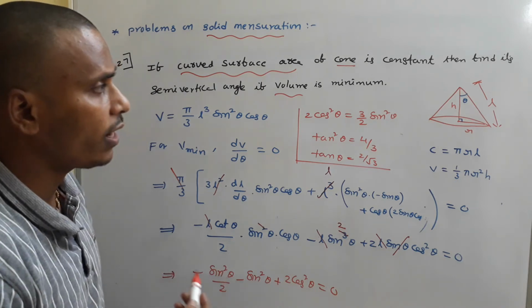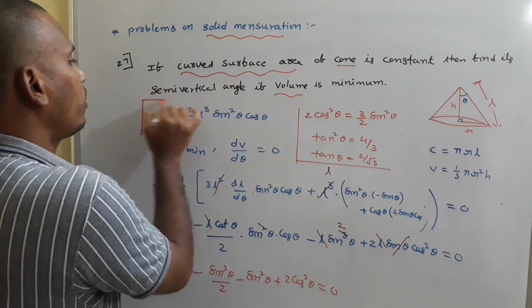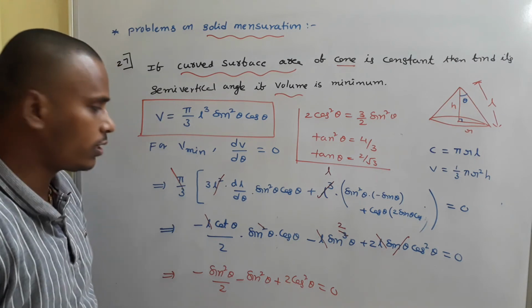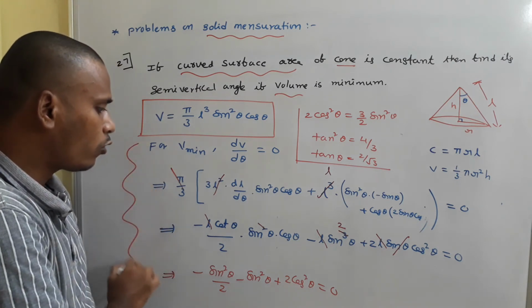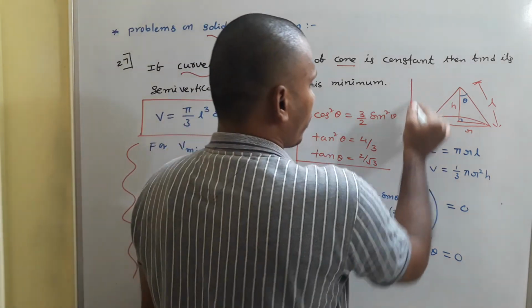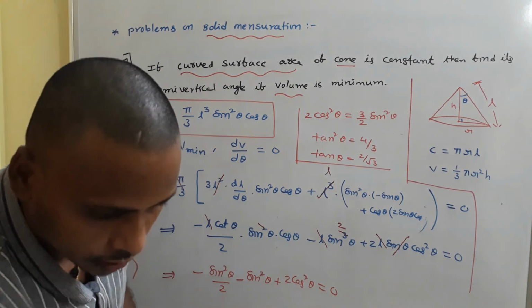Since the question is about finding semi-vertical angle, okay, just have a look. If you express volume as pi by 3 L cube sin square theta cos theta, then it is easy to find out that semi-vertical angle. Okay, actually for the cone, the question is mentioning that curved surface area is a constant.